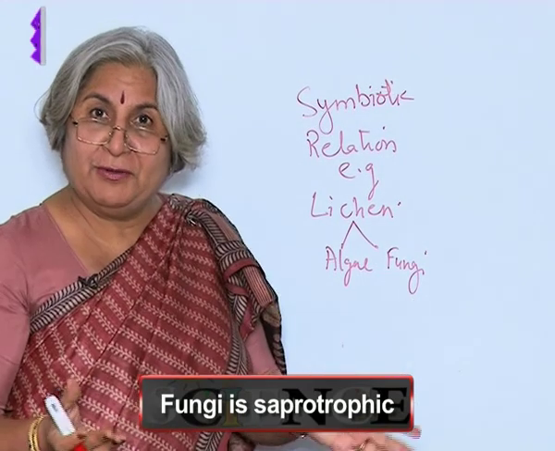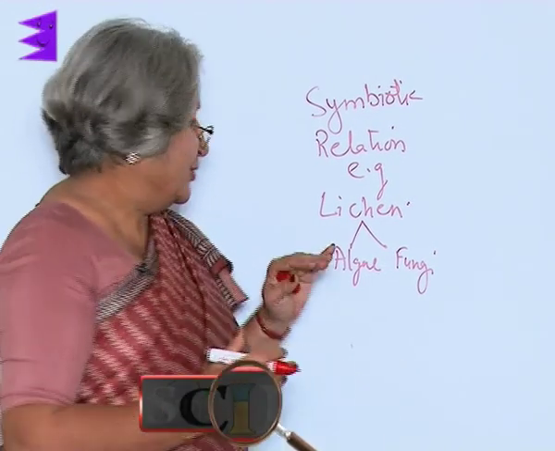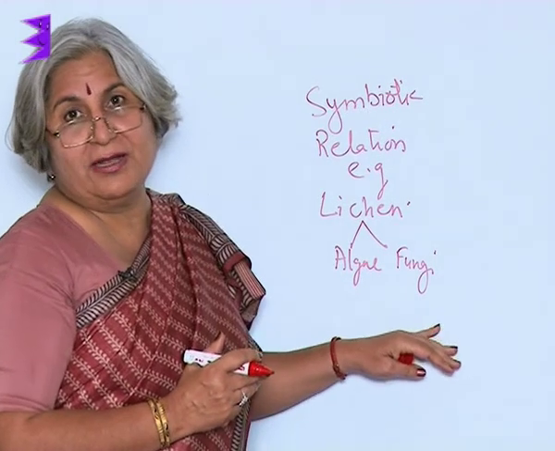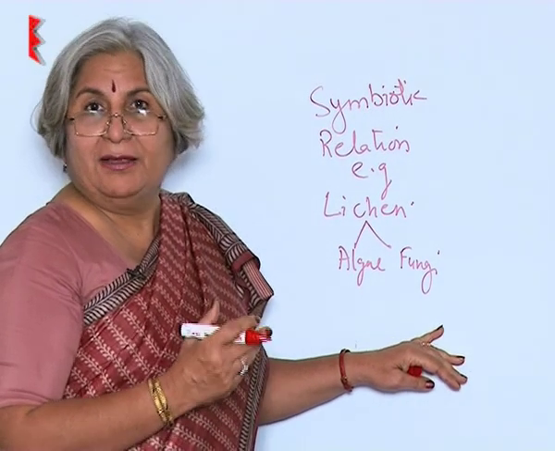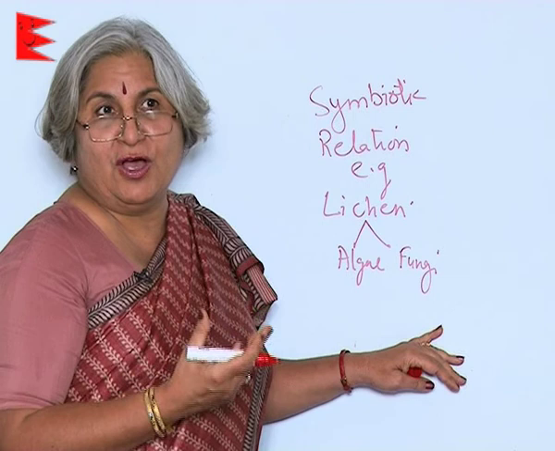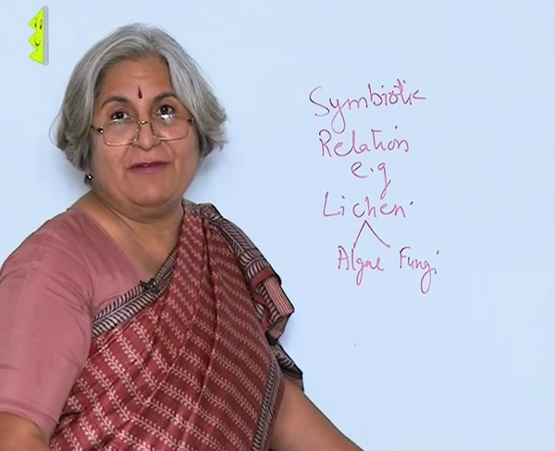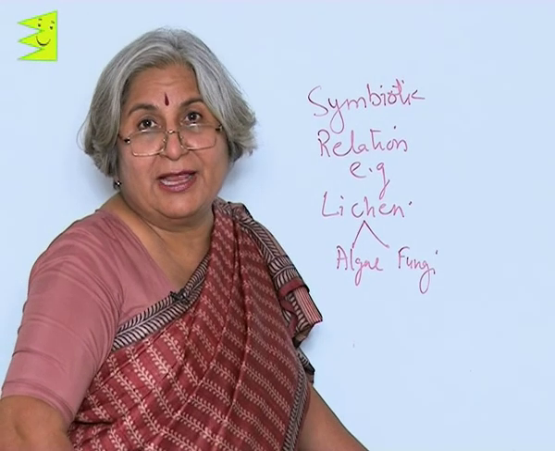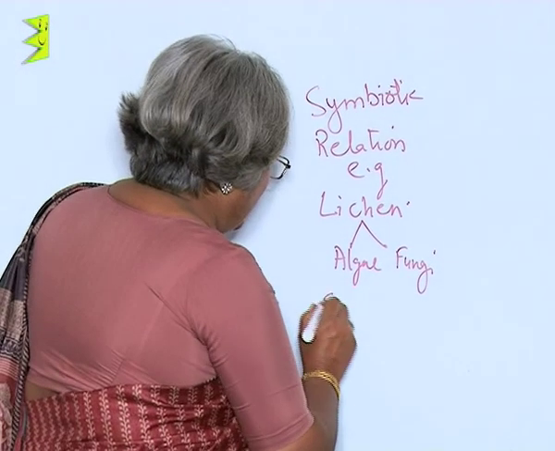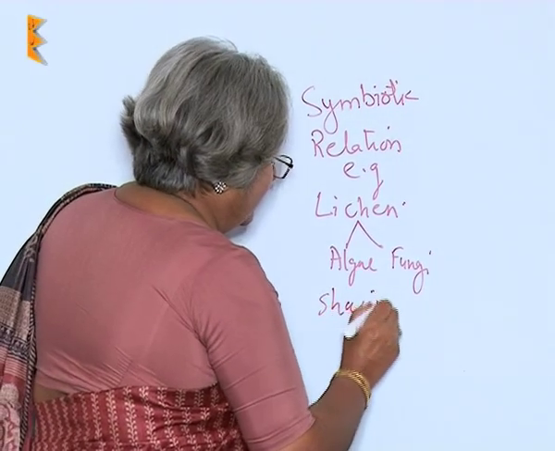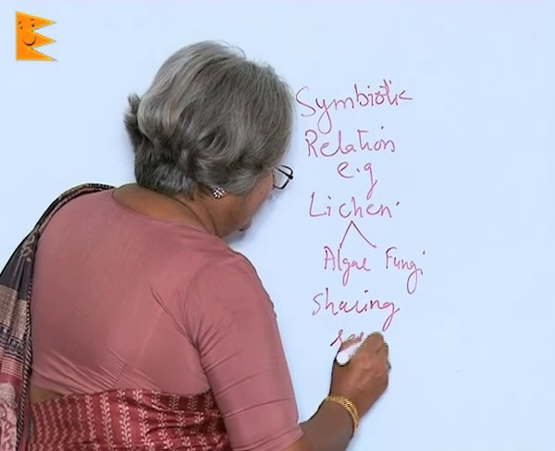So what do they do? They combine together. Algae makes food, and what does fungi do? Fungi provides shelter, it absorbs nutrients. So in this way we find that they develop a relationship of sharing resources.